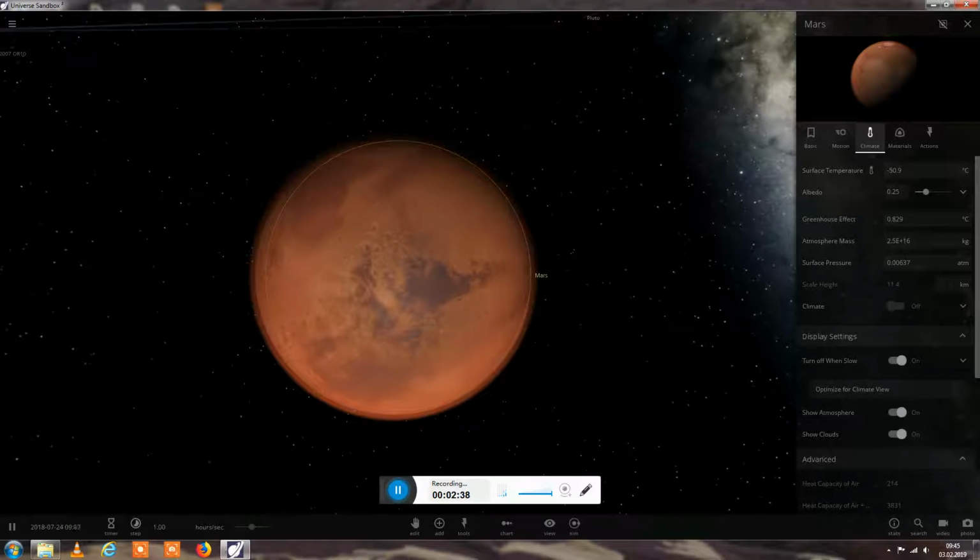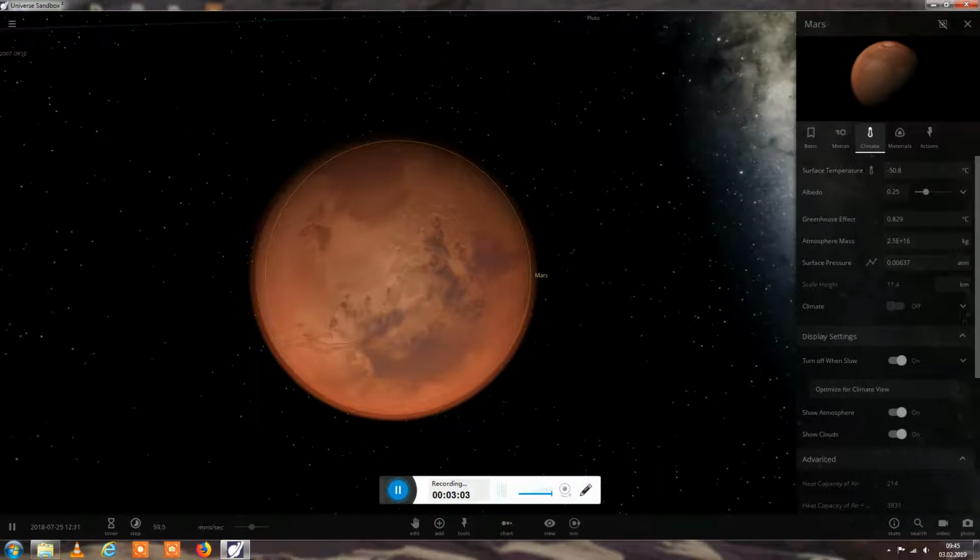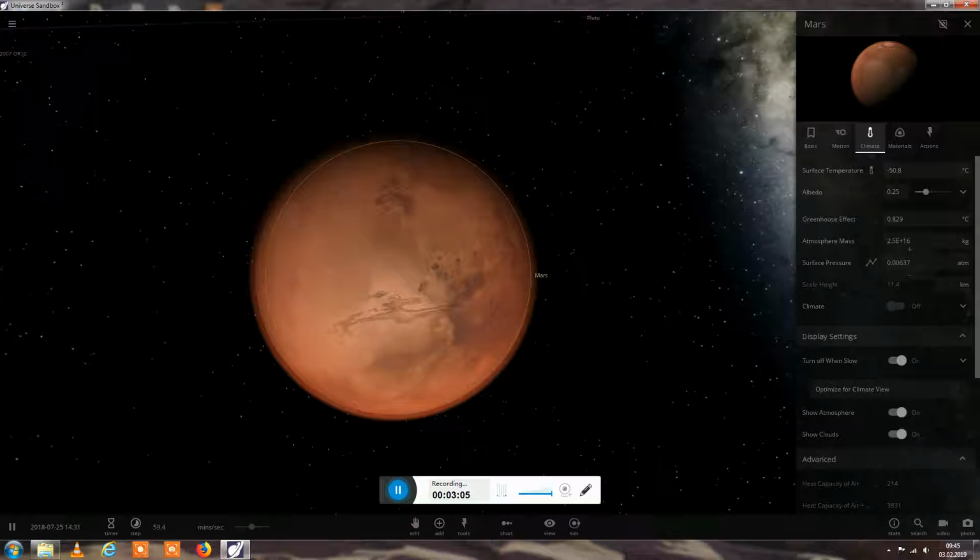Now, the reason why it's lost its atmosphere is, like I said, it's very small. Its gravitational field is too weak to have kept in a thick atmosphere for very long. When Mars first formed, it did have a thicker atmosphere.